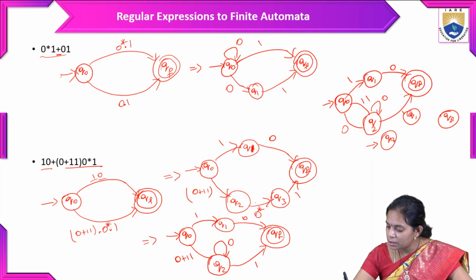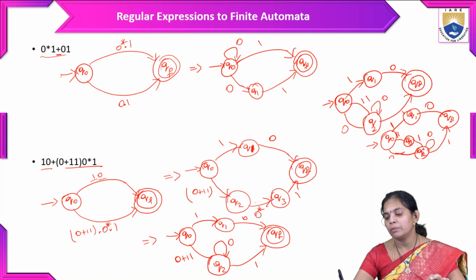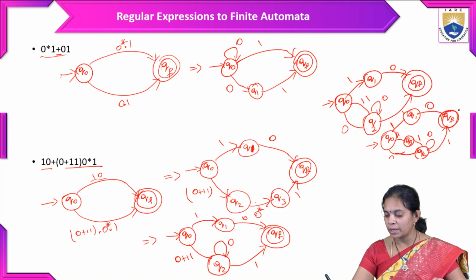Here one more state is there, Q3, and Q2 with the 0 input symbol and also with the 1 input symbol. So 1 is there, 0 is there, and here 1 is followed by 1. This is the final state.